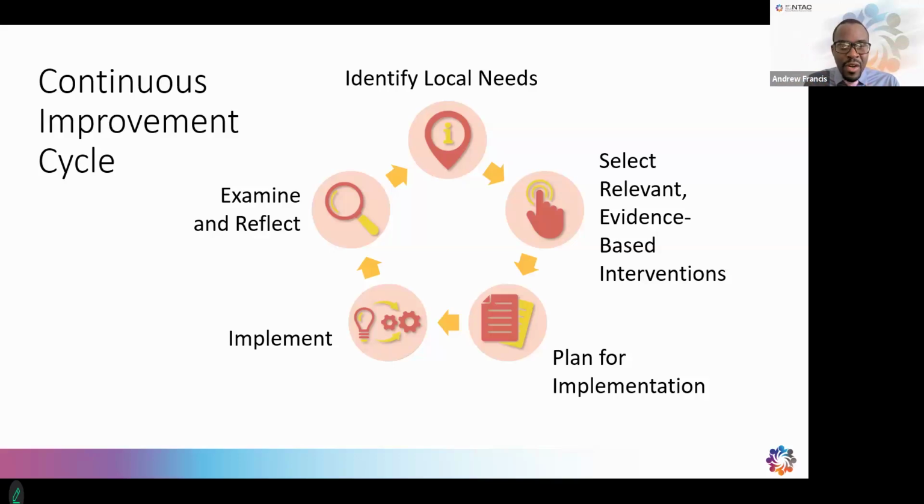You may already have SMART goals, or if you are a prospective grantee writing your grant proposal, you want to be able to design activities that have a goal in mind, and you can show that direct link between the activity that you're implementing and how it addresses the needs that you identified through your needs assessment, right?